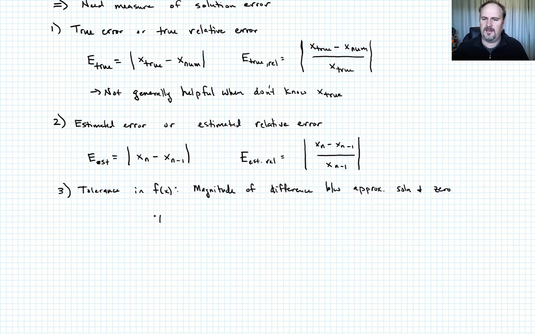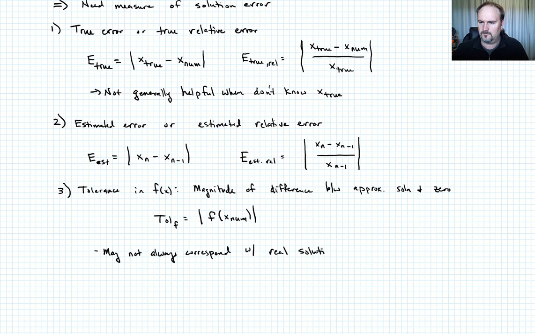So we would write that as the tolerance of f is equal to the magnitude of the function f evaluated at x num, whatever we computed. This is again another reasonable measure, but it's not perfect. It may not correspond to the solution very well.